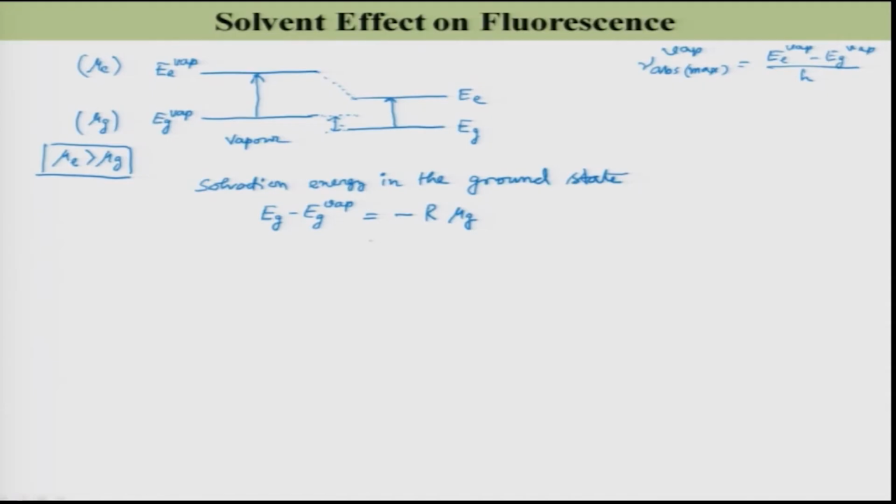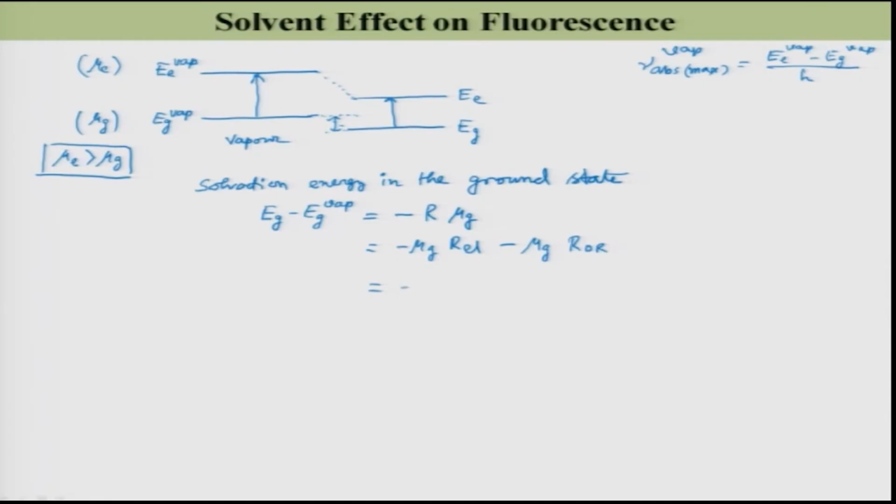So this is going to be equal to minus mu g R EL minus mu g R OR, right. So I will just simply write the expression of R EL and R OR, which is nothing but 2 mu by a cube, and the electronic polarizability and the orientational polarizability for R OR, right.